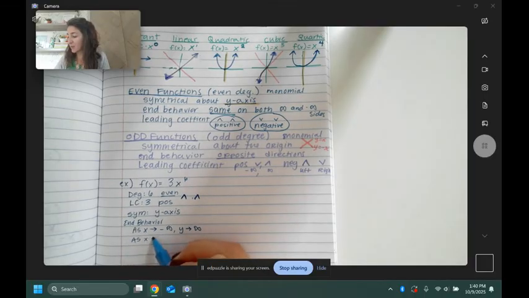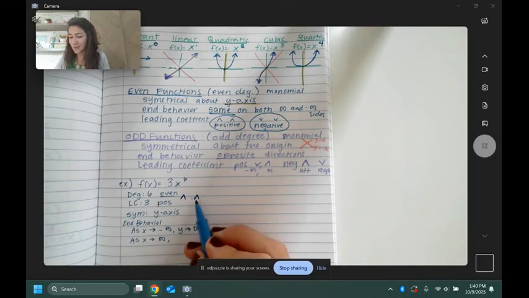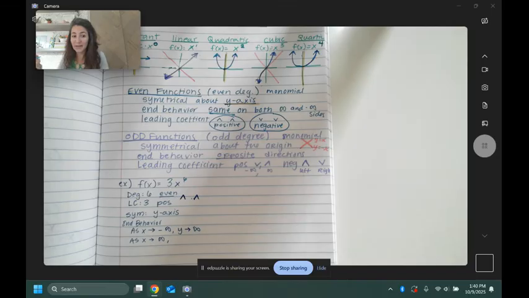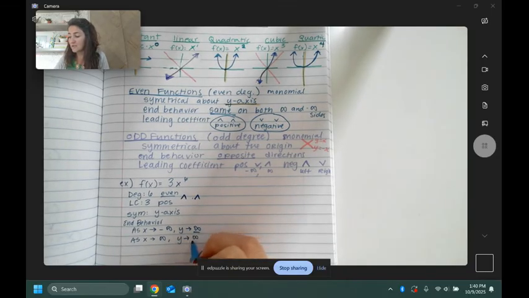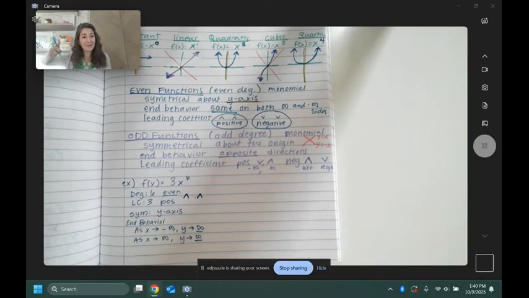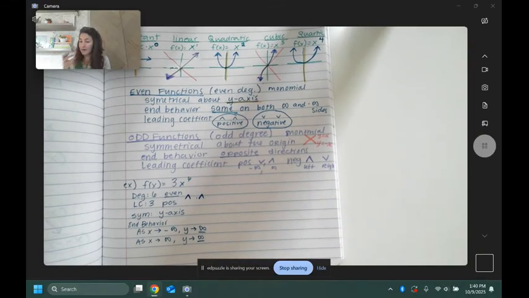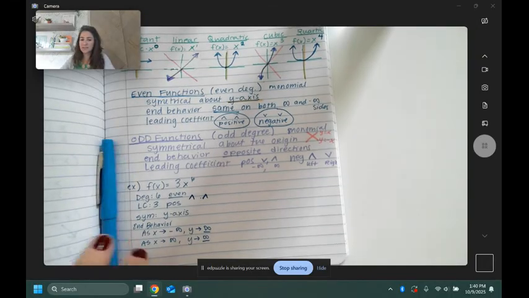As x approaches positive infinity, so as we go to the right, y also will approach positive infinity. These are the same, and they're positive. They're going up.